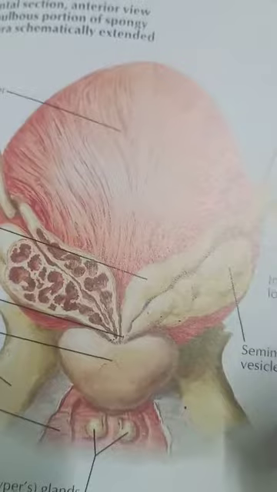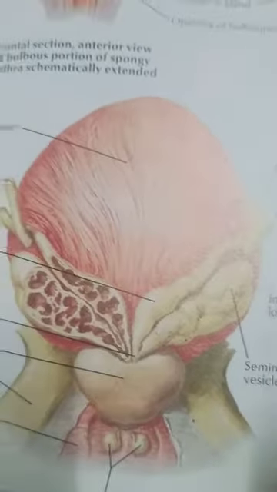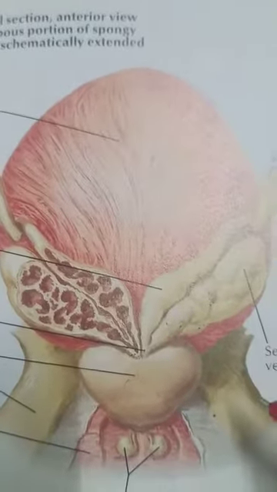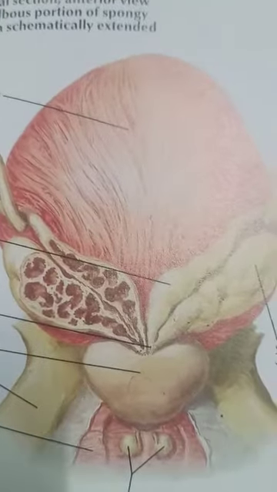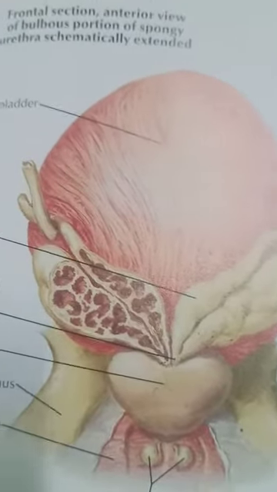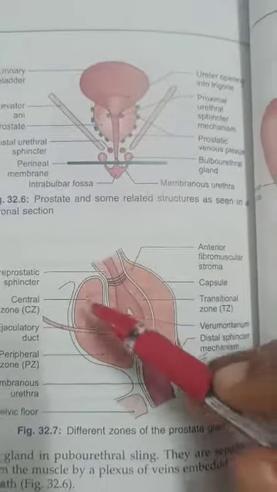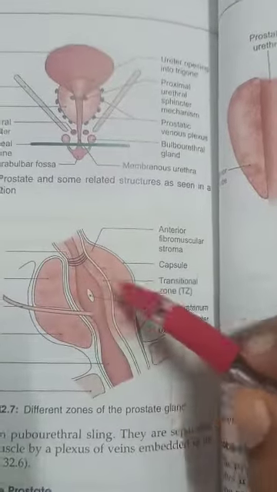Then coming to the different zones of the prostate. According to McNeal, the gland is divided into an outer peripheral zone. In this diagram we can see a section showing the different zones of the prostate.